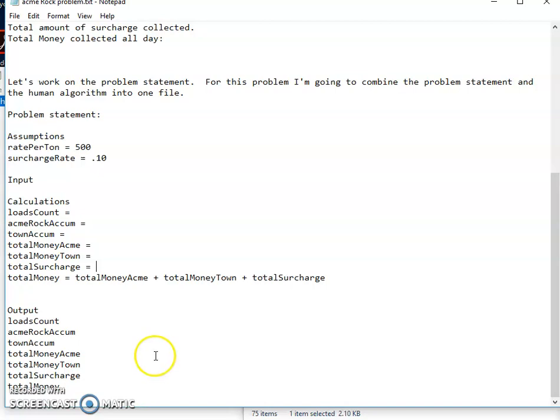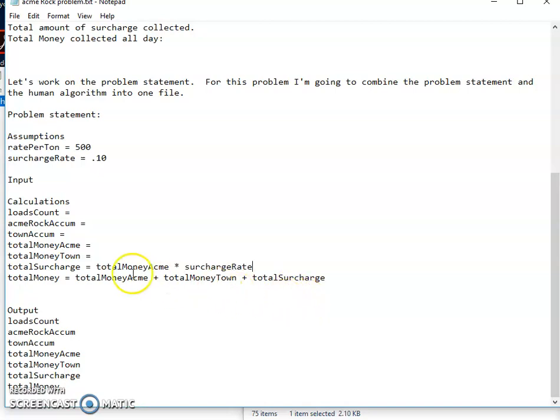So if I know how much money they've collected, then I just multiply it by 0.10, and that's going to give me my surcharge. So again, I'm going to go ahead and Control-C, Control-V, and then I'm going to multiply that by the surcharge rate.